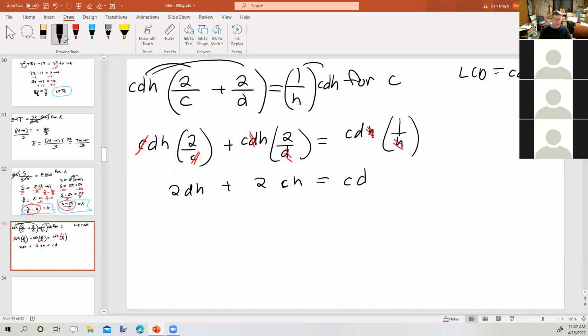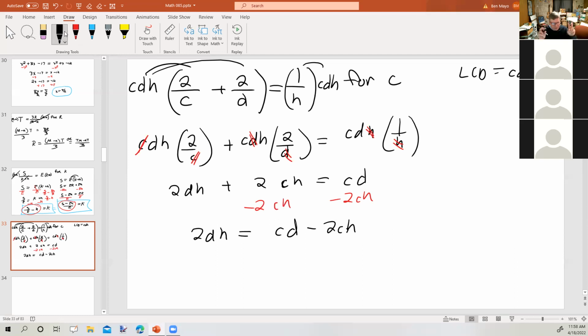Now, we're trying to solve for C. I have 3 terms in the equation. 2 of them contain C. So let's get the terms with C on the same side of the equation. So I'm going to subtract 2CH from both sides. Okay, let's see what that does.